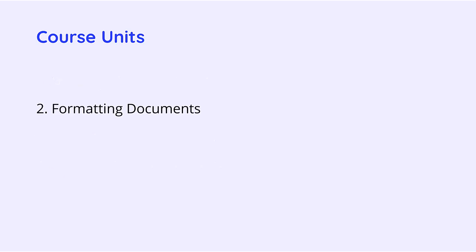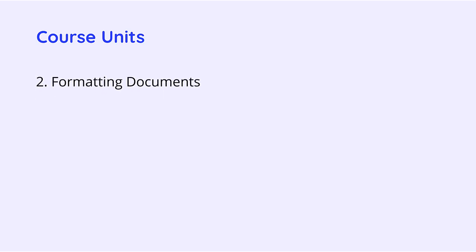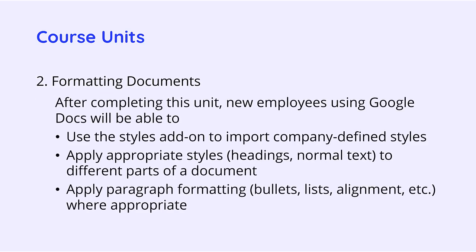Our learning objectives for the Formatting Documents unit might be, after completing this unit, new employees using Google Docs will be able to use the Styles add-on to import company-defined styles, apply appropriate styles such as headings, normal text, to different parts of a document, and apply paragraph formatting such as bullets, lists, alignment, etc., where appropriate.